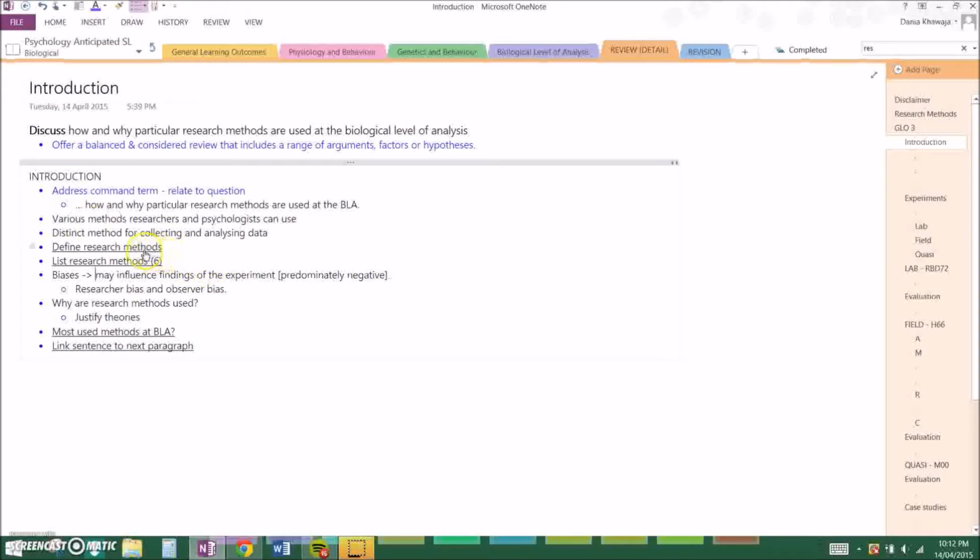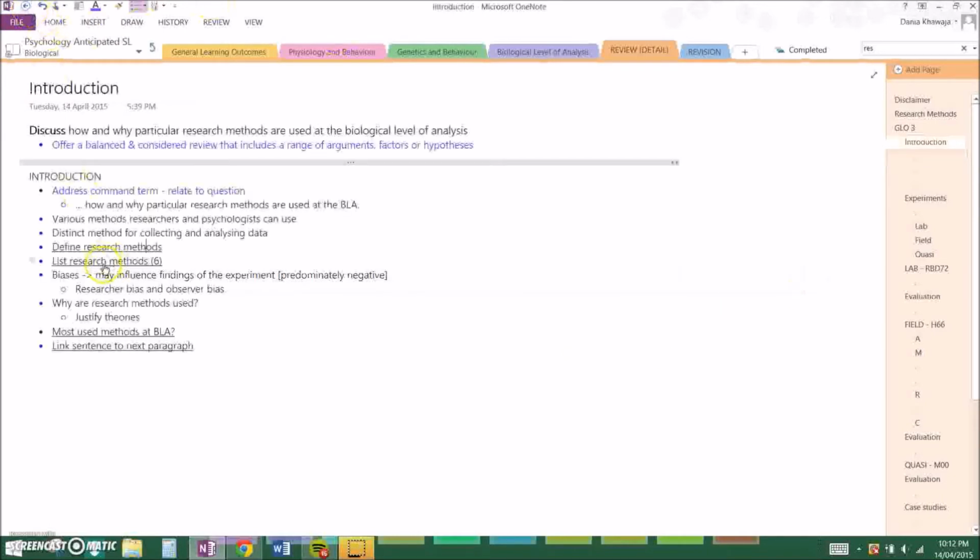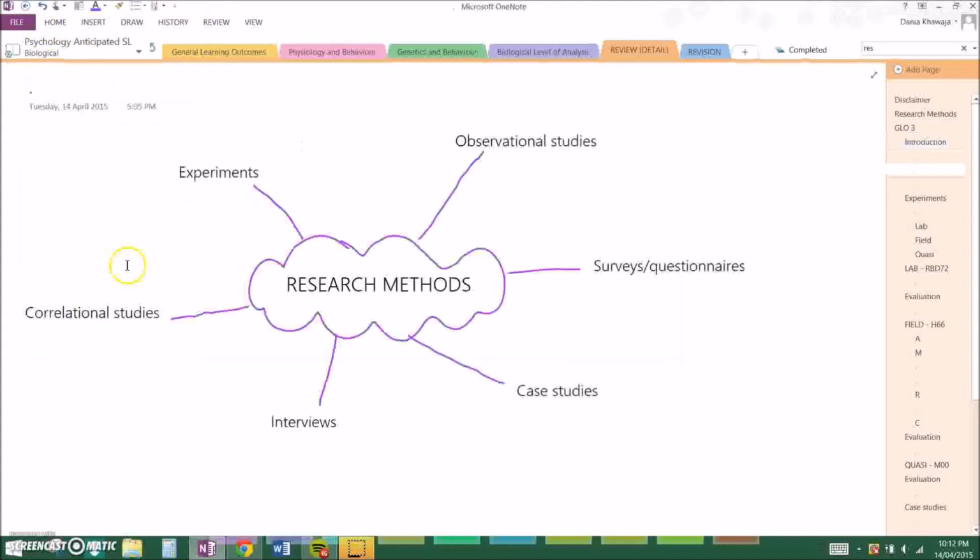I then went on to define research methods, and I said that research methods are ways that researchers use and manipulate data to conduct their studies. And I said that there are 6 main research methods, and these include experiments, observational studies, surveys or questionnaires, case studies, interviews and correlational studies.